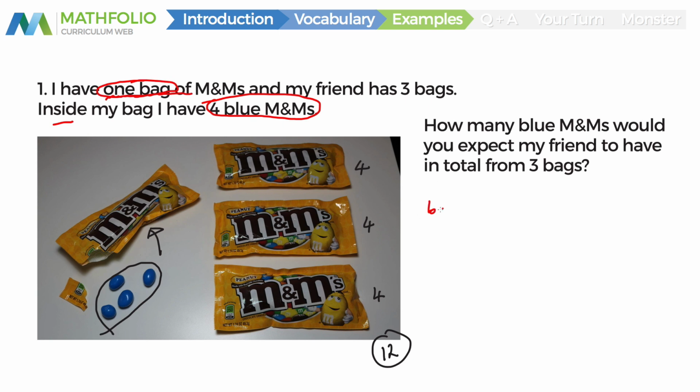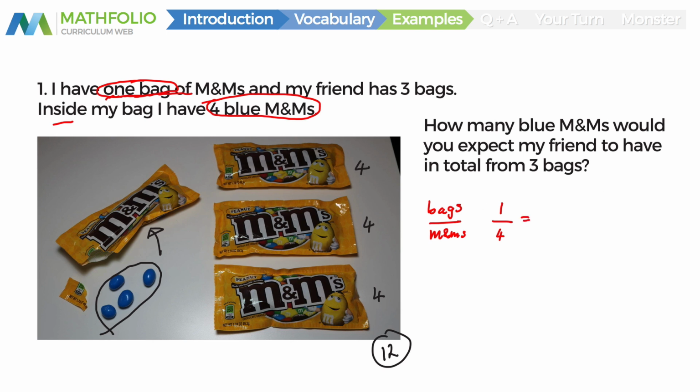So we've got bags and M&Ms. So this is the key, the legend that we're going to set up here. So in the first case, I had one bag and it gave me 4 M&Ms. So notice how I've set this up. This is hugely important right now. One bag, 4 M&Ms.